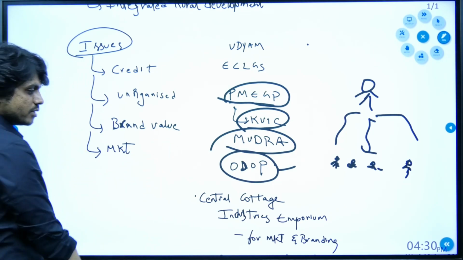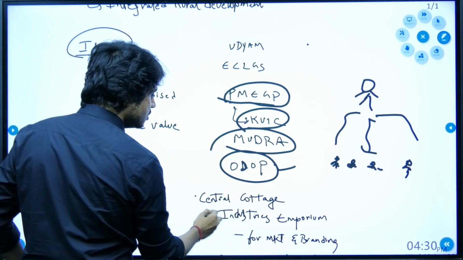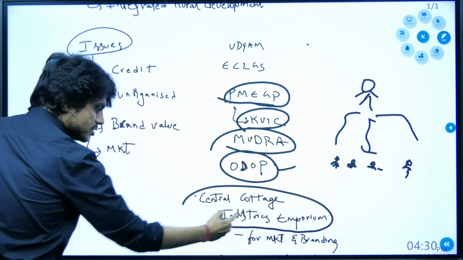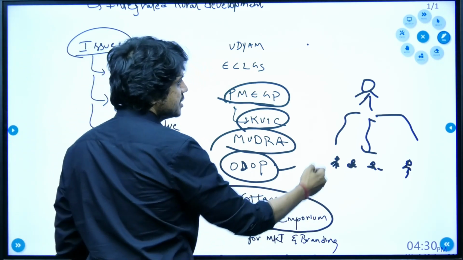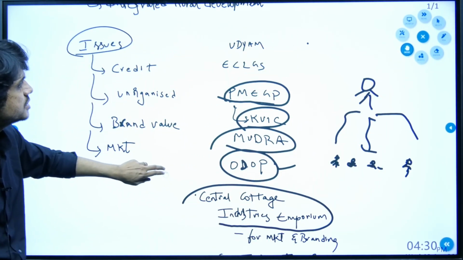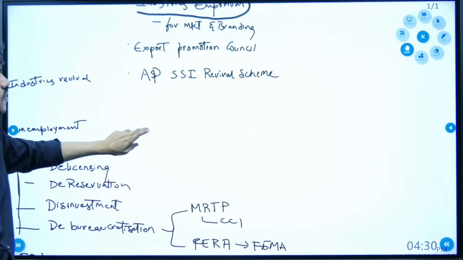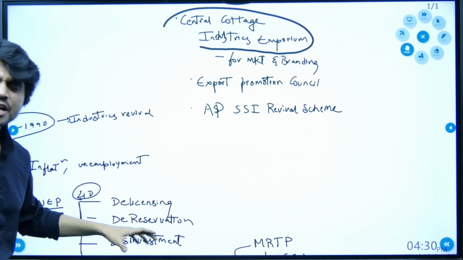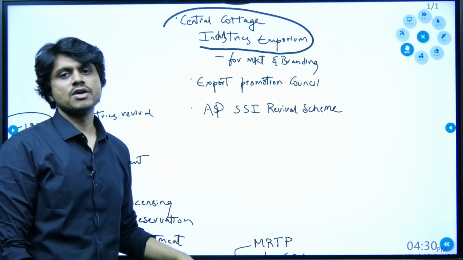Then we also have the Central Cottage Industries Emporium, which is also for the purpose of marketing and branding. So I have provided almost all the content that is required for the development of your small and cottage industries, and the same content can also be used for your MSME.